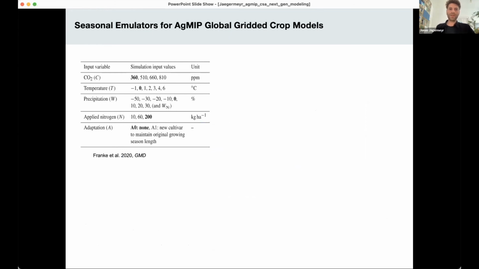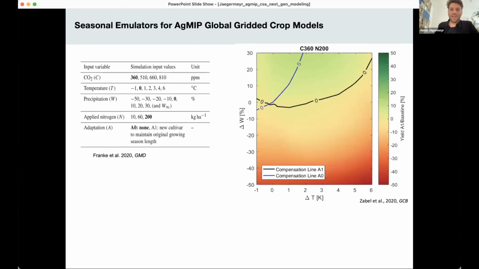Now I want to talk a little bit about emulators, because that's a tool that is going to be more and more important. In GGCMI, we set out a project where we simulate a multi-dimensional response surface, perturbing different variables in a systematic way: carbon, temperature, precipitation, nitrogen, across these ranges, which obviously allows us to draw these kinds of response surfaces.